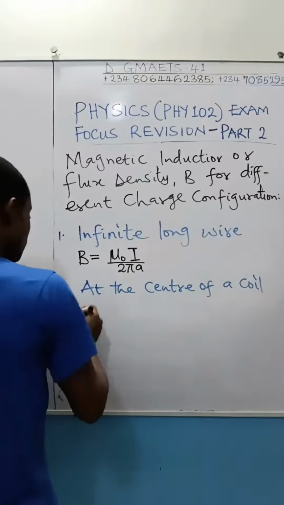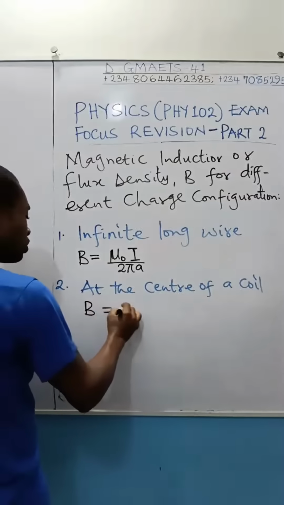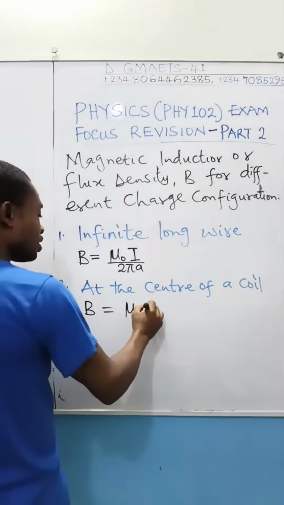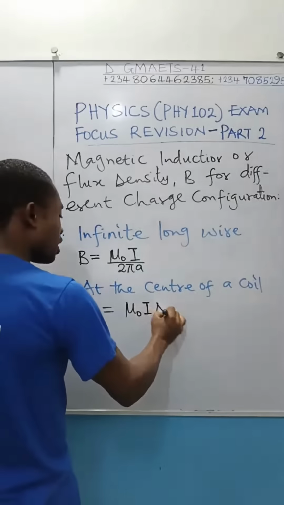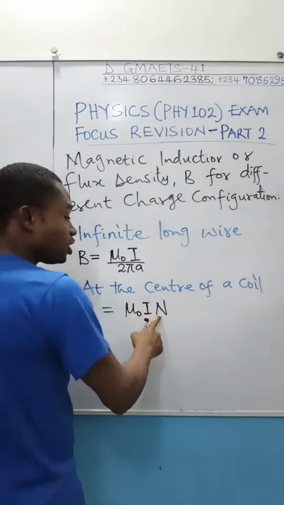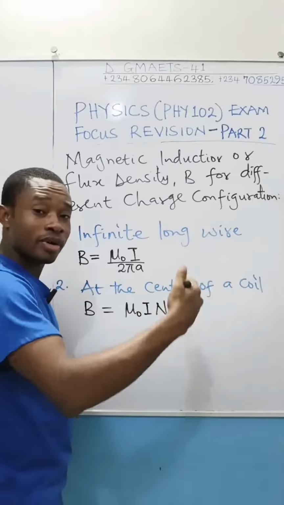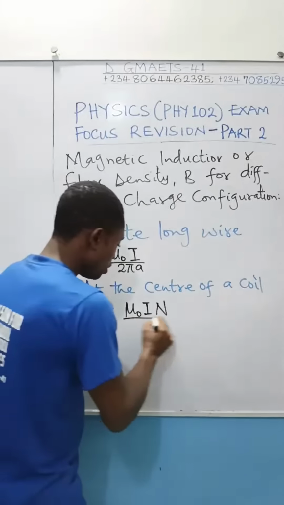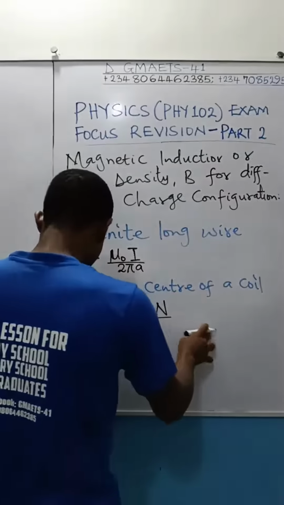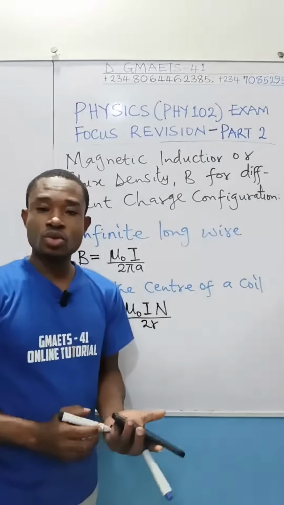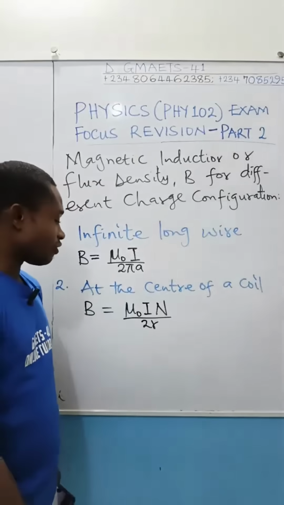There we have the magnetic induction equal to the magnetic permeability times current times capital N, the number of turns of wire, divided by 2R. Take note of that.